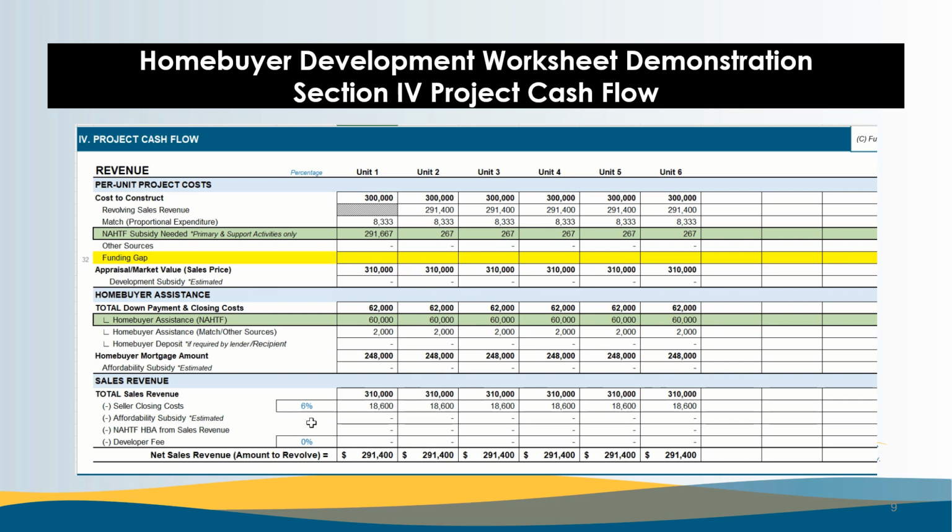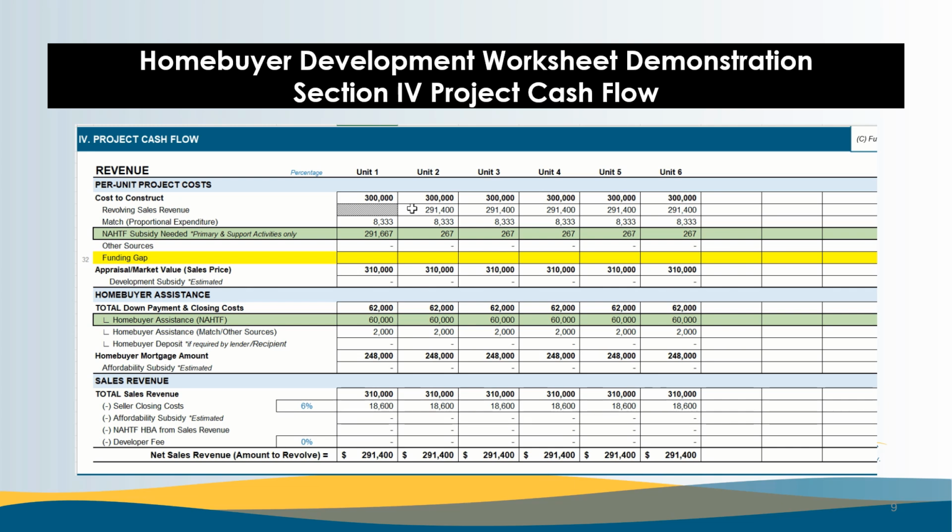And so there was no affordability, and there was no home buyer assistance being taken out of proceeds, and there was no developer fee being distributed after the sale of the unit. So the amount that the seller should walk away with at closing is $291,400. And that $291,400 then goes on to be in this row called revolving sales revenue.